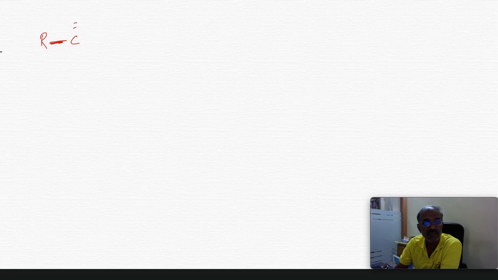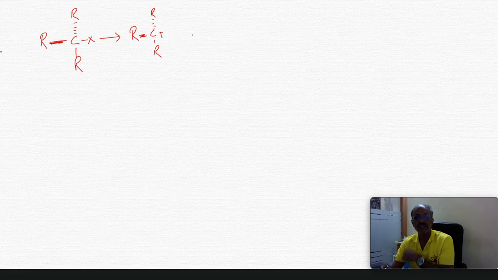The first step will be this, and this will be the positive charge. This is the carbocation, which is the rate-determining step. Fine. This is the carbocation. This is the first step.